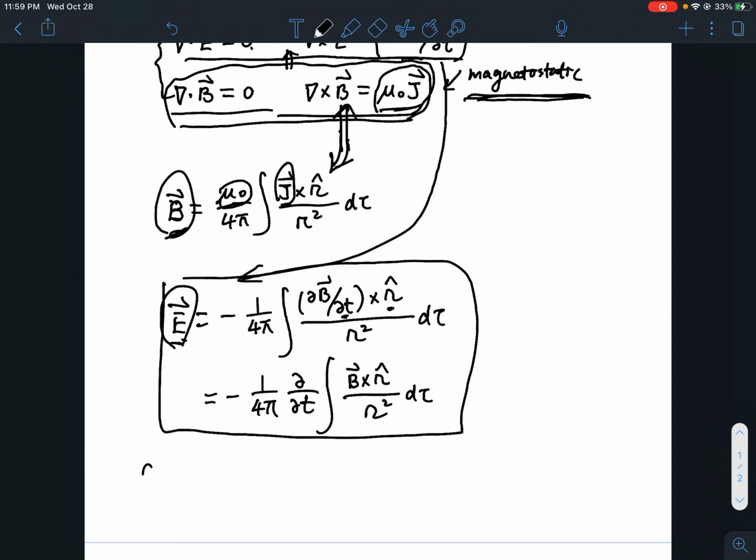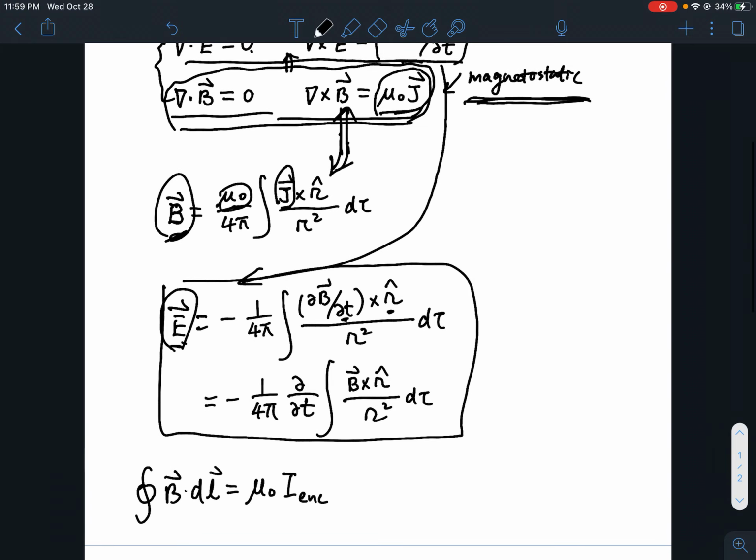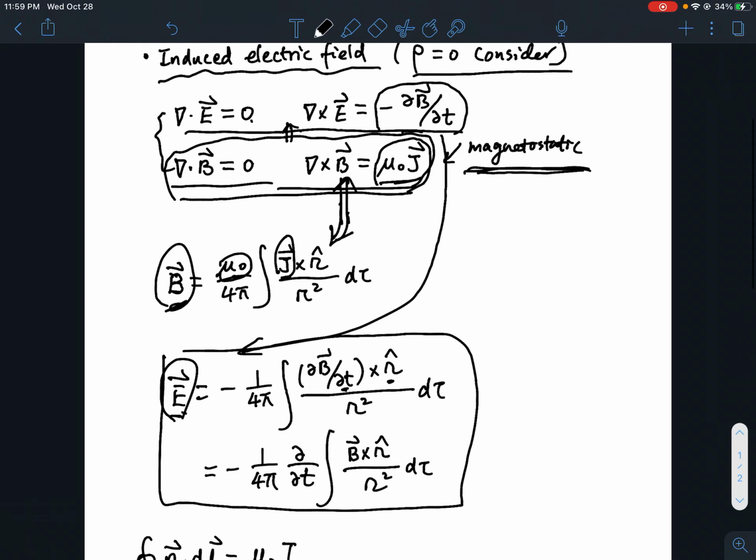For Ampere's law, we have B dot dl equals mu zero times the current enclosed inside. So we can also write down Faraday's law. So this is Faraday's law, in this differential format.